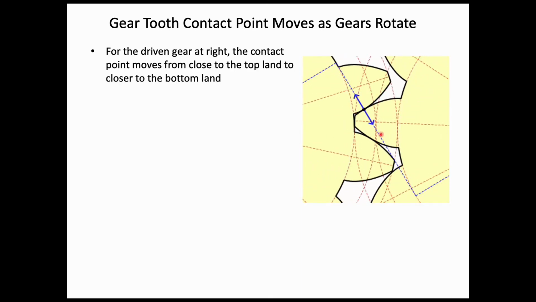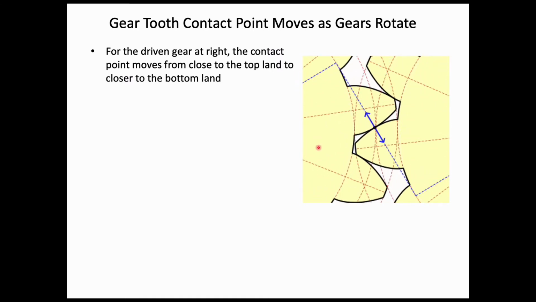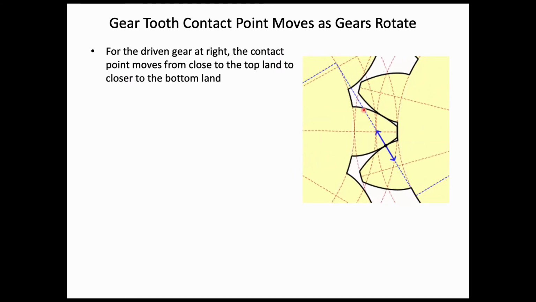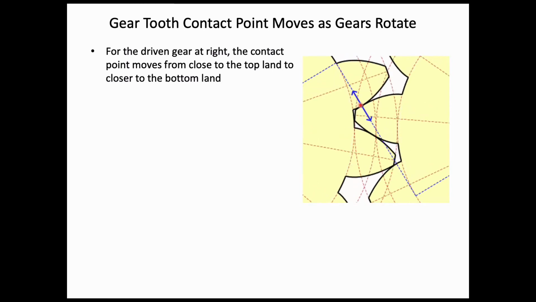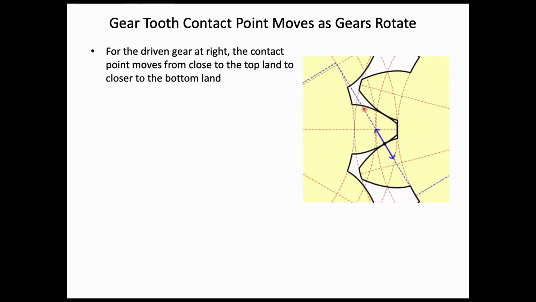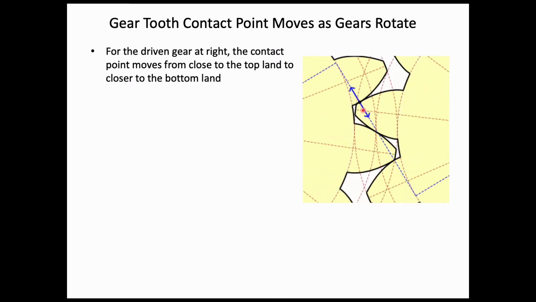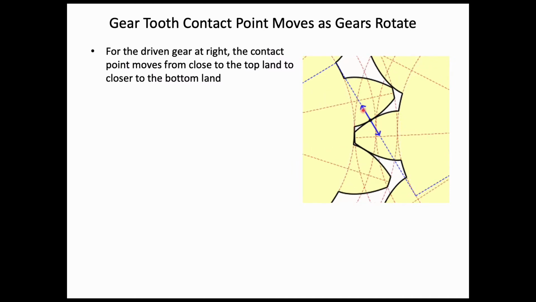If we have the right-hand gear being the driven gear and the left-hand gear being the input gear, just referring to the geometry of the driven gear here, as the point comes into contact, the contact point is pretty close to the top land, the upper land of the tooth from the right-hand gear.